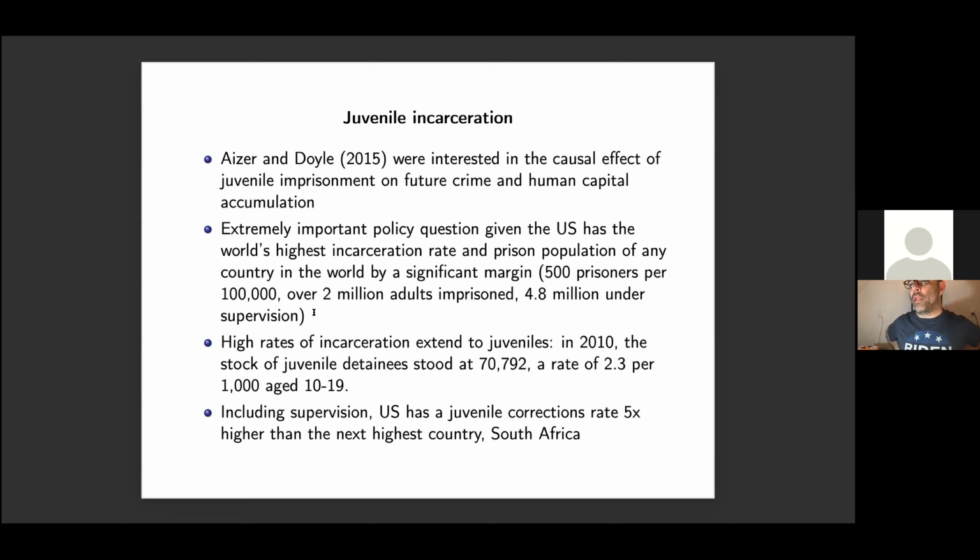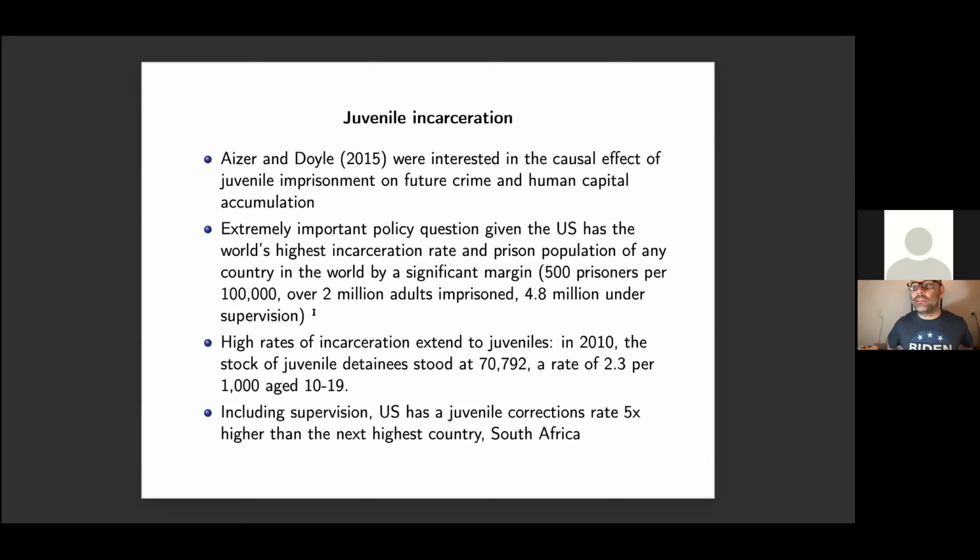And this paper is part of that reason for me. We incarcerate 500 prisoners per 100,000, and we have over 2 million people imprisoned. We have almost 5 million people under supervision.